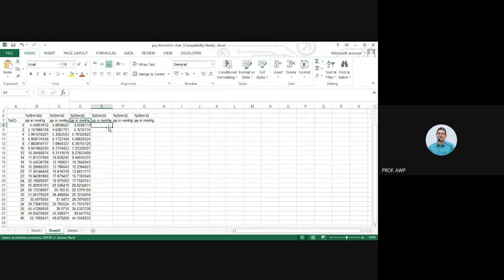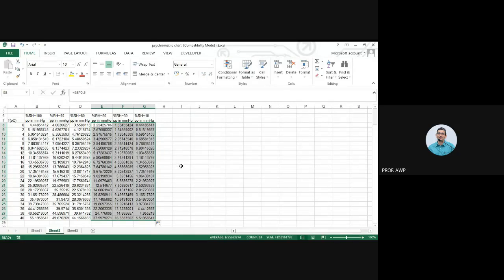Corresponding to 50, it will be the 100% RH value multiplied by 0.5. Then this number would be 100% RH multiplied by 0.3, and this number would be the 100% RH value multiplied by 0.1. And then we can just simply copy and paste. It will automatically calculate everything.